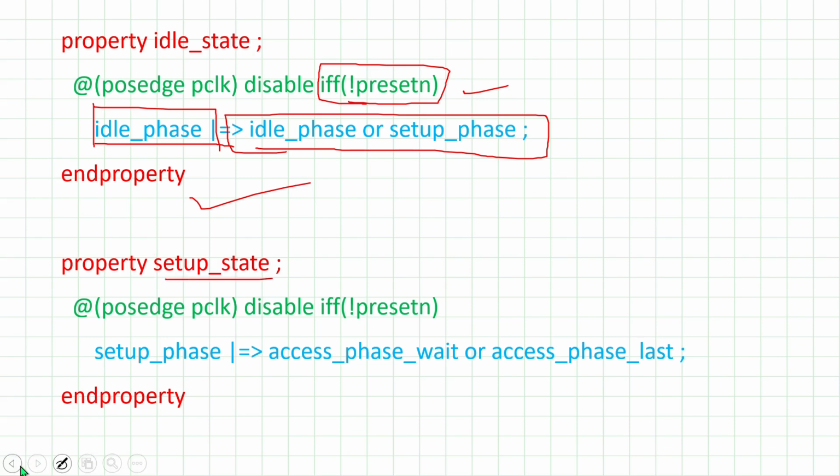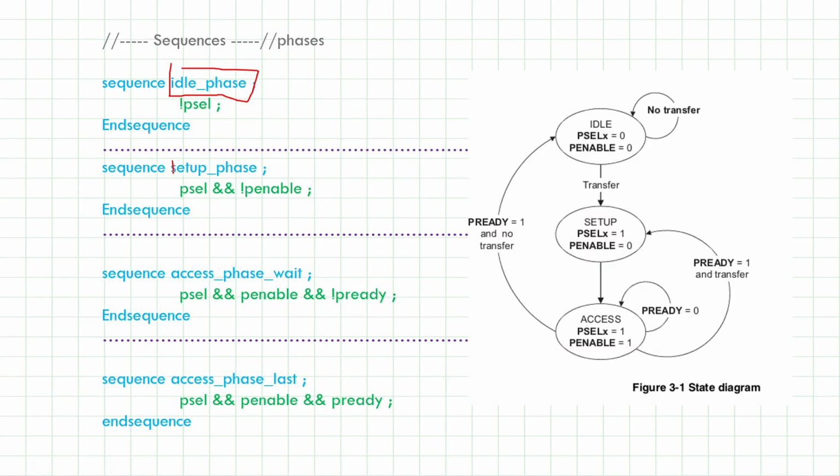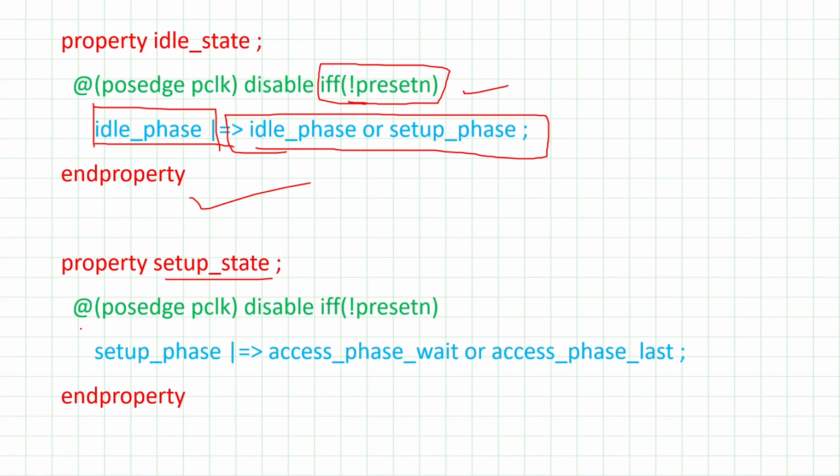Second, the setup state. In the setup phase we have the P select and P enable condition. P select should be 1 and P enable should be 0. And this we write in our setup phase condition: if this is true, then at the next cycle, this is our non-overlapping implication operator, access phase wait or access phase last should be the two possible states.